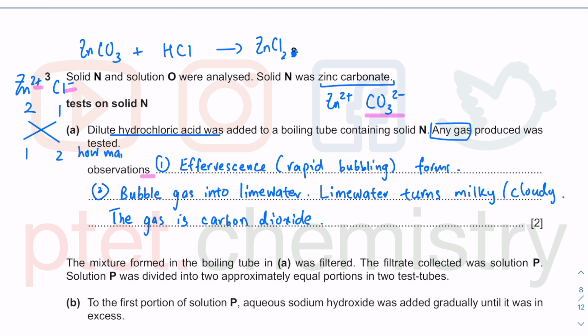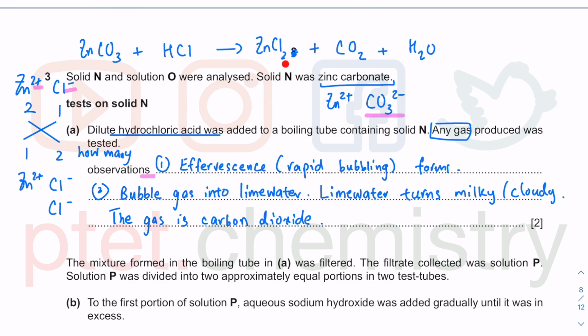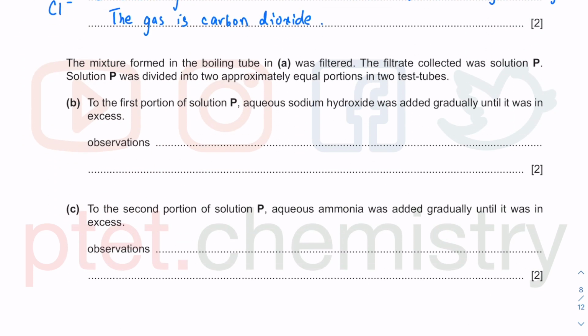This is how we have learned to get the formula of ions ever since year 9. So we need 2 of these Cl- there. The formula ZnCl2 will produce CO2 and H2O as well. You cannot write an equation without balancing it. There are 2 chloride, so 2 HCl, 2 hydrogen, take away 1 oxygen, H2O, left behind CO2 as the other product there. Next we have the questions.